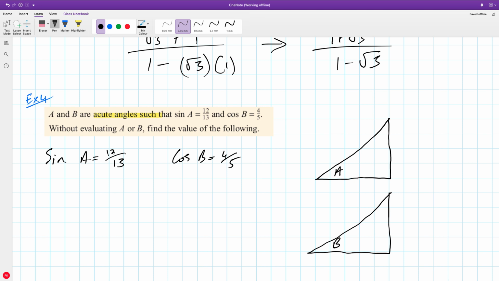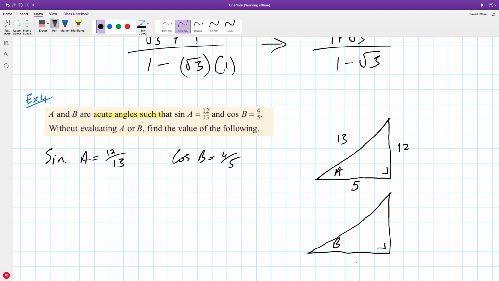So, what's the thing for sine? Opposite over hypotenuse. This is 12. This is 13. Get me this angle down here. What's the Pythagorean triple there? Five. Pythagoras' theorem, yeah?